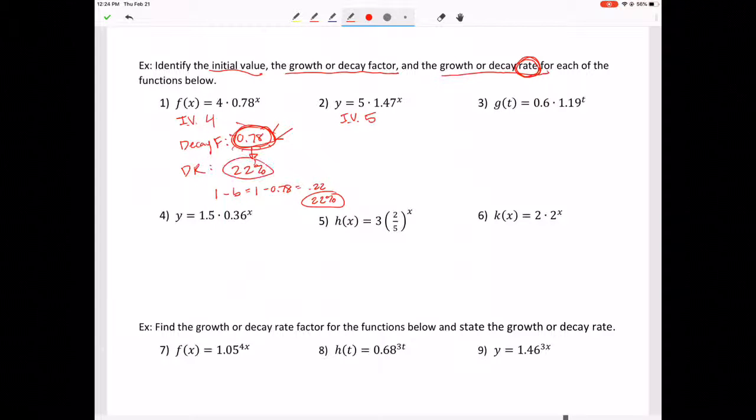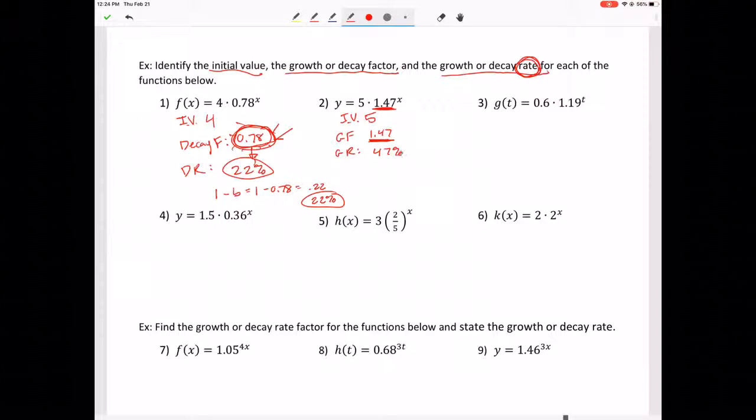Okay, so either way, my guess is once you figure this out, you'll just be able to write these things down pretty quick. All right, this other one, is this growth or decay? It's growth because it's greater than 1. Growth factor will be 1.47, and then the growth rate is the difference of b and 1, so that is 47%.